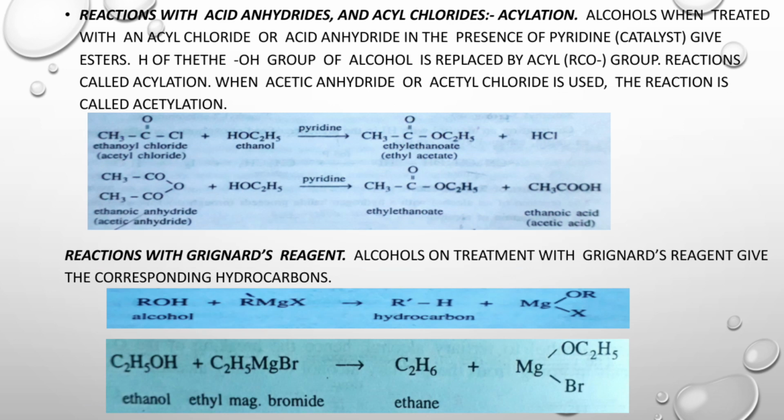Acetic anhydride and acetyl chloride form acetylation reaction, and acyl group on replacement of hydrogen of the OH group forms acylation reaction. That is, we have the general formula here.